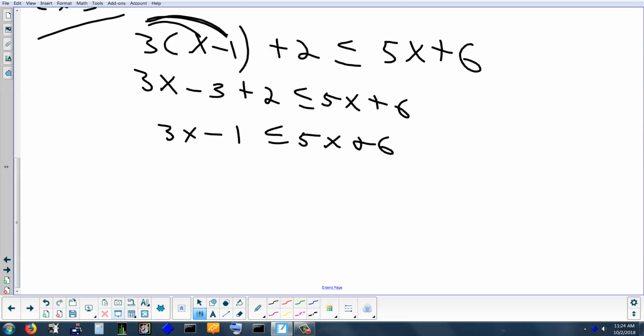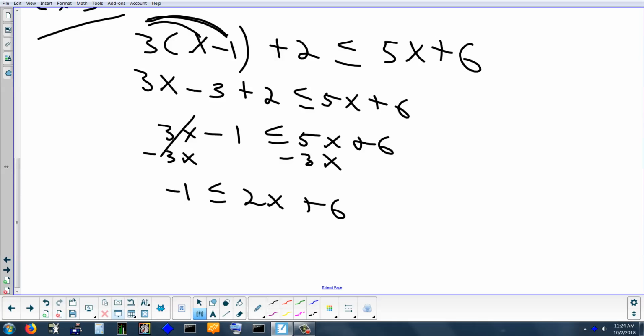So what could I do next to avoid having a negative number in front of x? And I'll never have to worry about dividing by a negative. Yeah? Subtract 3x from both sides. Yeah, you can subtract 3x from both sides. And the only disadvantage to doing that is now we have the variable on the other side. We don't normally like it on that side. So at the very end, we'll put it on the left. But for now, it's okay.